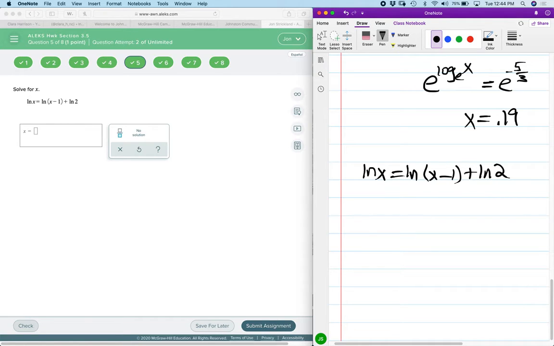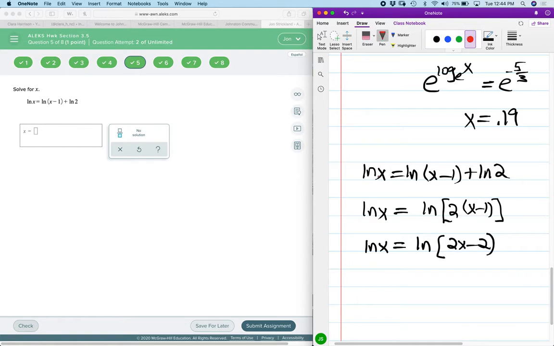With the properties of logarithms, if I take the sum of logarithms in the same base, I can make it a single natural logarithmic term by multiplying out the attachments. So we have x minus 1 and 2 to multiply out. So the natural logarithm of x is equal to the natural logarithm of 2x minus 2.